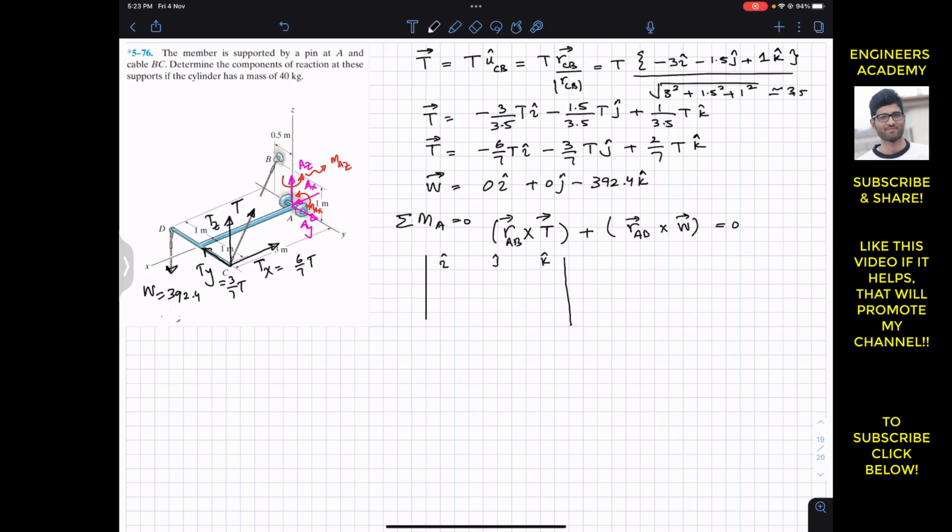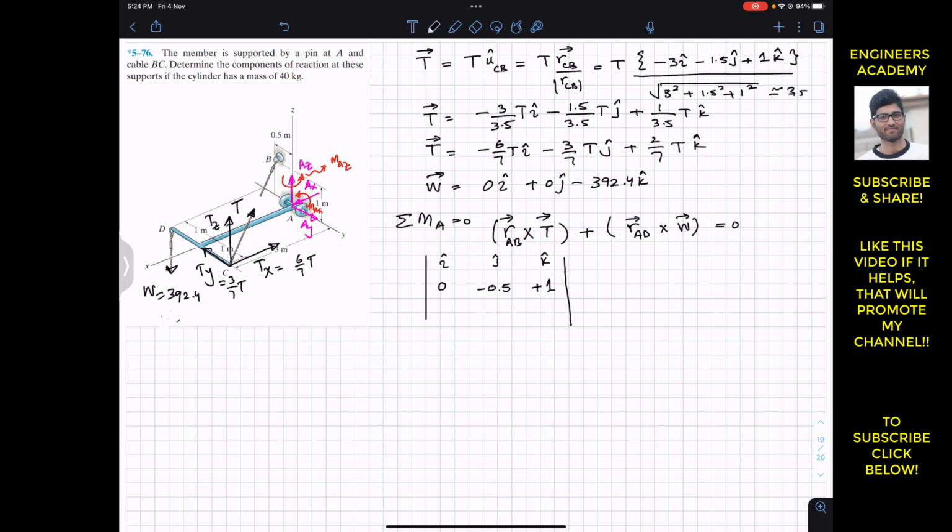So I will write minus 0.5. From A we will reach here, and then we need to travel 1 meter in the positive k, that is in the positive z. So you write plus 1, and there is no need to travel along the x-axis, so this will become 0.